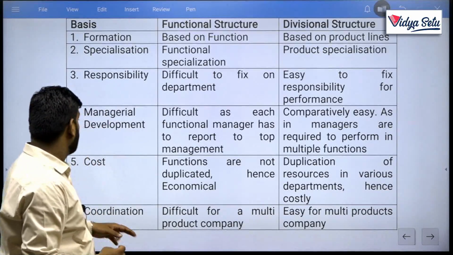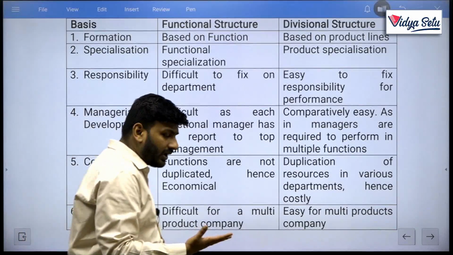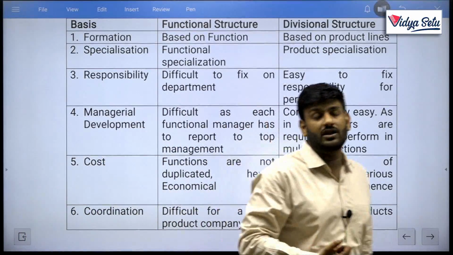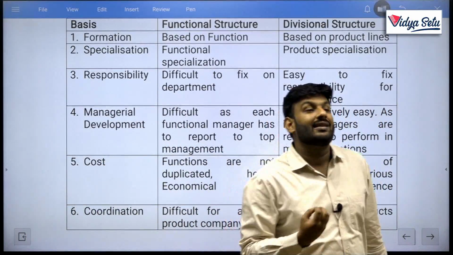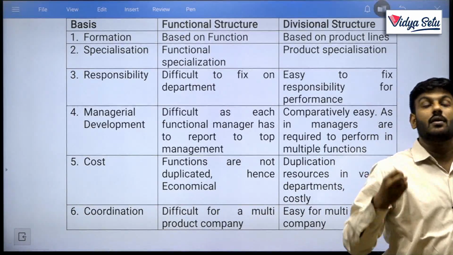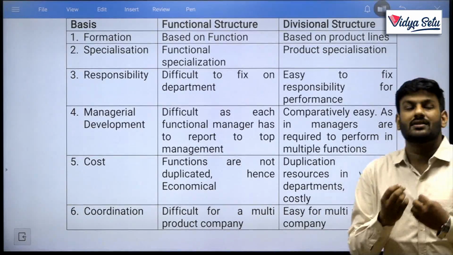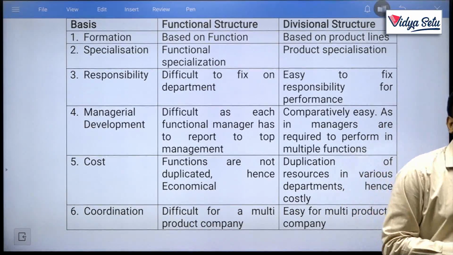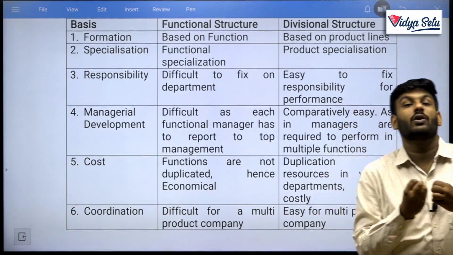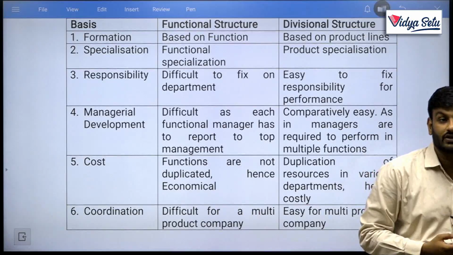Clear? Next is managerial development. In case of functional structure, sometimes we make different functions, such as personnel or HR function, marketing function, sales function. But we don't allow them to do creative tasks or innovative decisions.